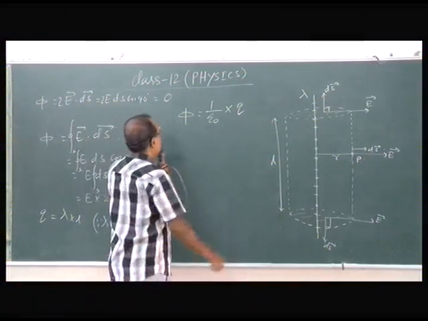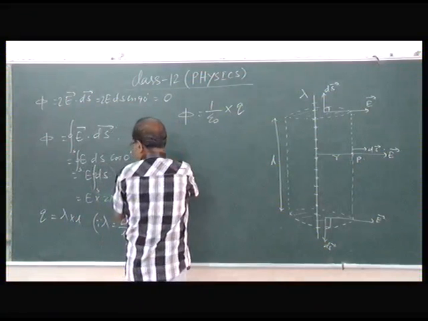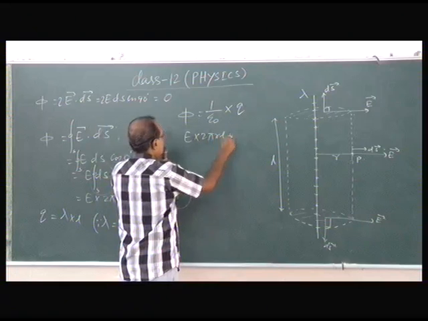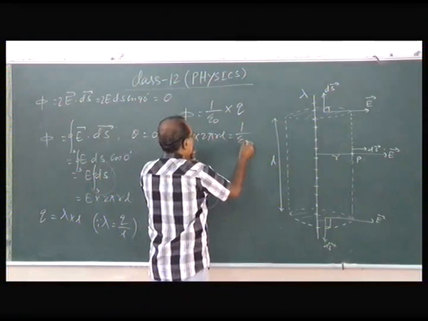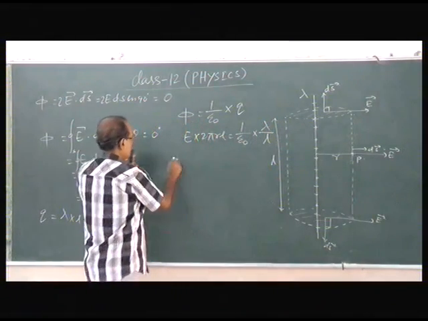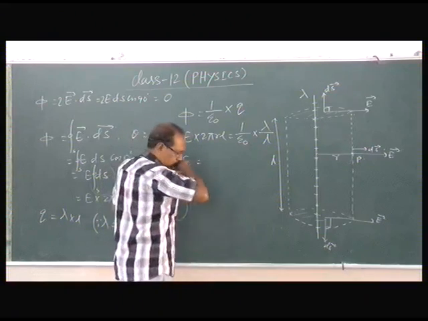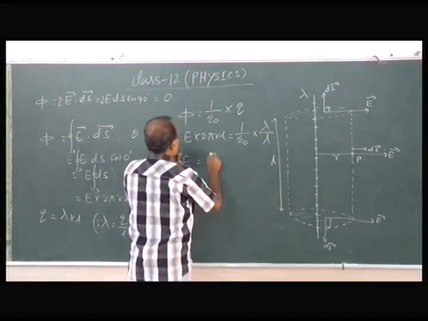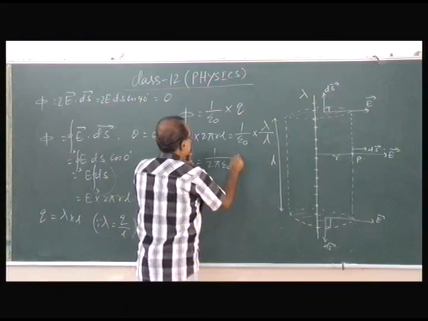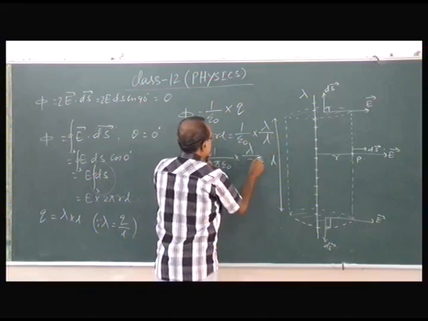That is E into 2 pi r L equal to 1 by epsilon naught into lambda L. Therefore E is equal to 1 by 2 pi epsilon naught into lambda by r, as L cancels.